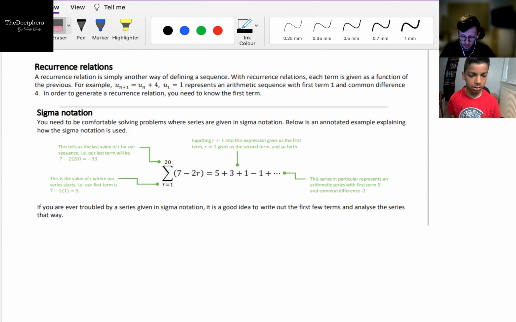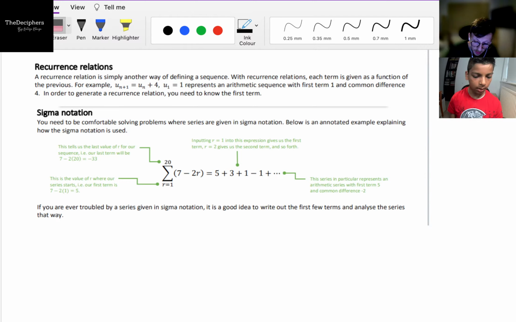Sigma notation is just a way of saying a series, because a series is the sum of the terms of a sequence.